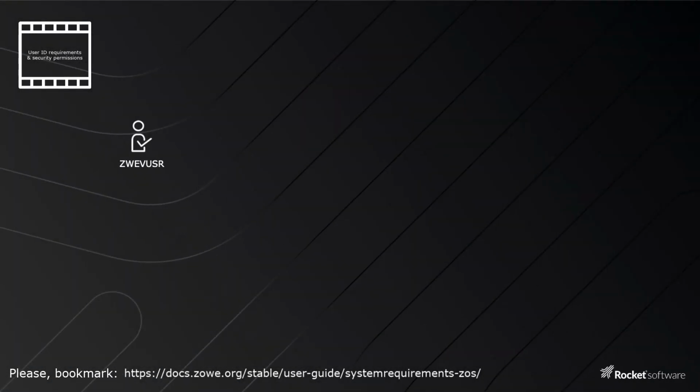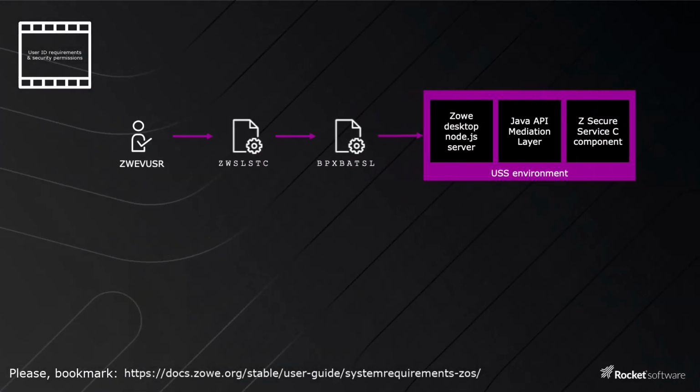ZWESVUSR. This is a started task ID for ZWESLSTC. The task starts a USS environment using BPXBATSL that executes the core Zowe desktop Node.js server, the Java API mediation layer, and the Z Secure Services C components.